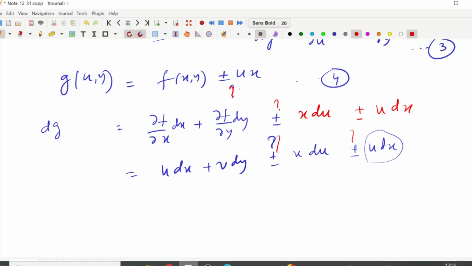If we choose a minus sign, then this will be minus x du, but this will be minus u dx.